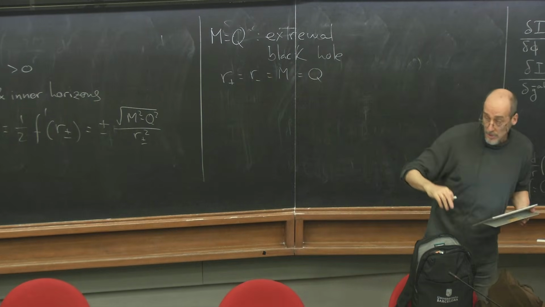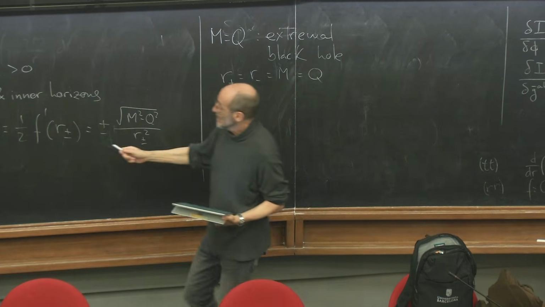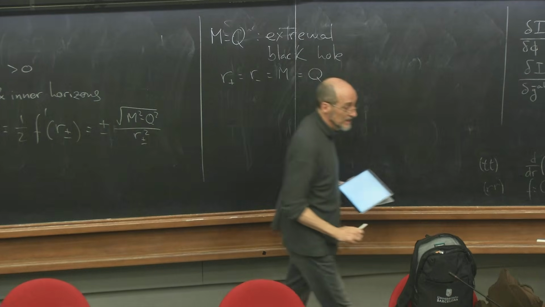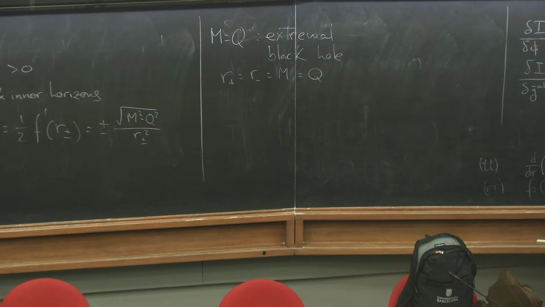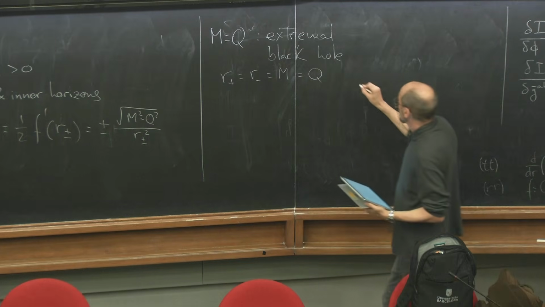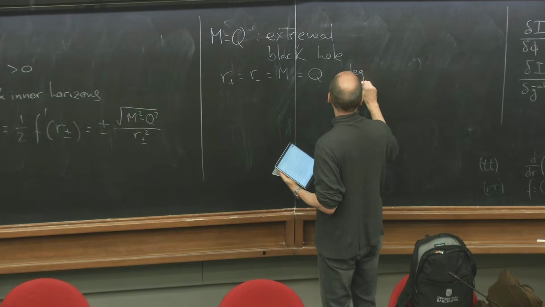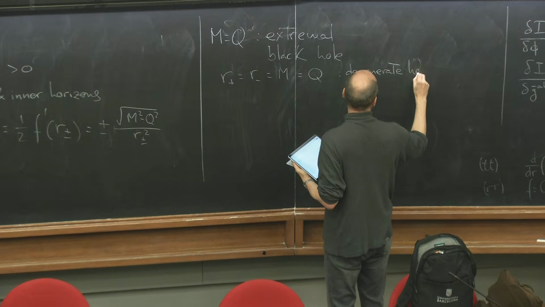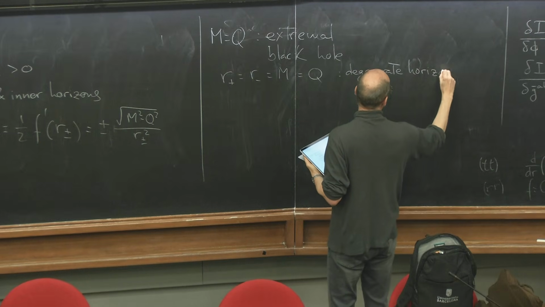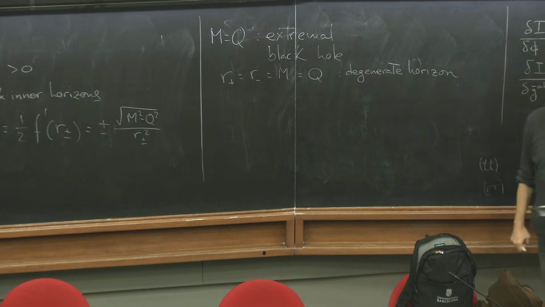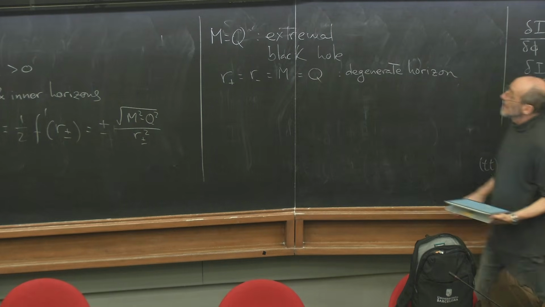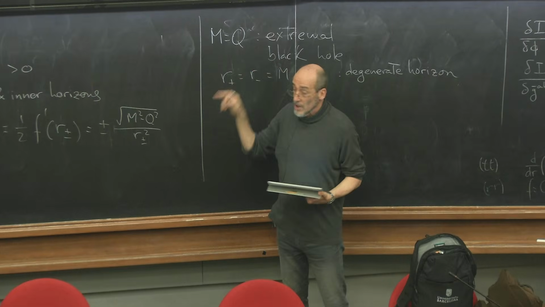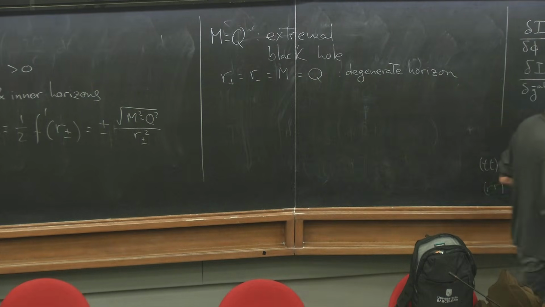So you have a double root. The double root means that this derivative is 0. This is what we also call a degenerate horizon. It's a degenerate limit. And this gives you the lowest bound on the mass for a black hole of a given charge.